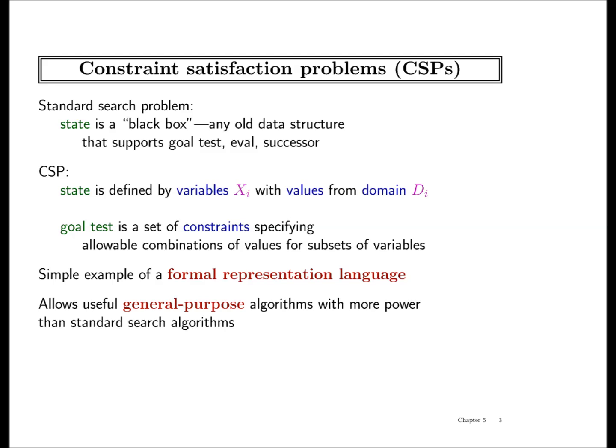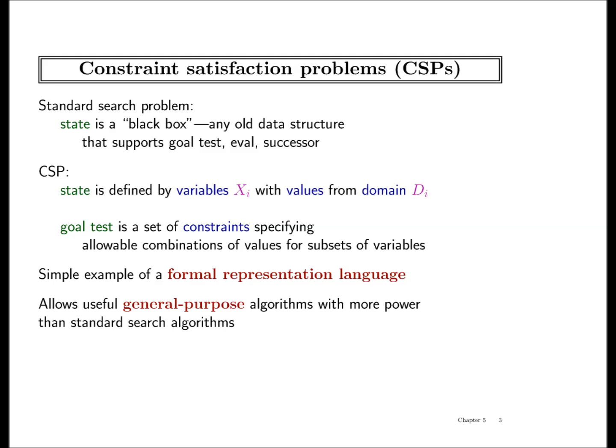I also have a set of constraints in my problem, and my goal is to assign each xi some value so that all the constraints are satisfied. That is my goal test.